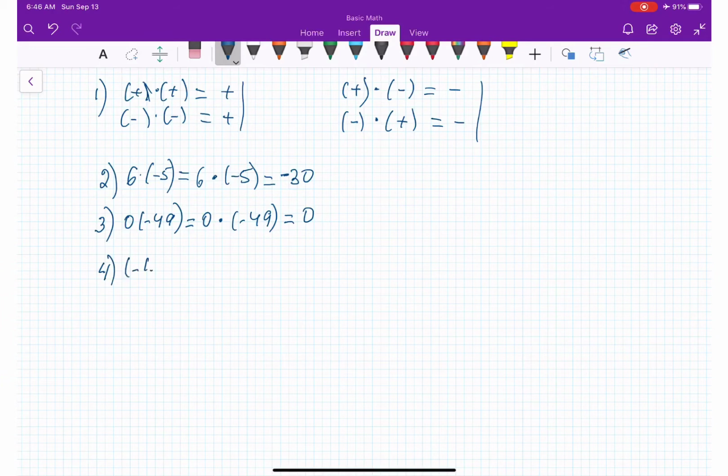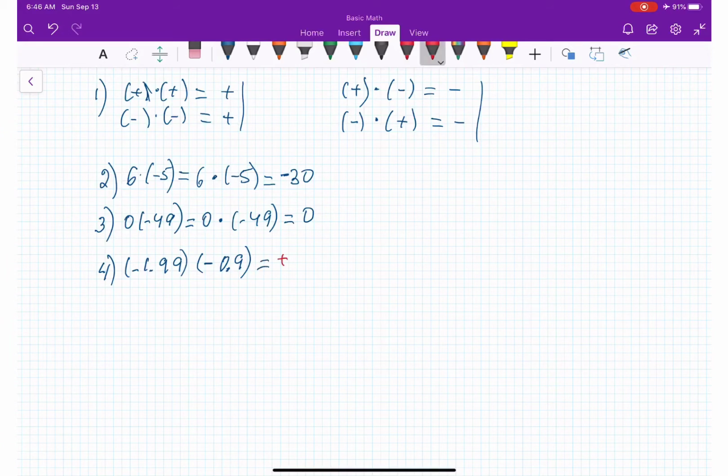Negative 1.99 times negative 0.9. So, okay. So first of all, when we have negative times negative, we are getting positive, right?